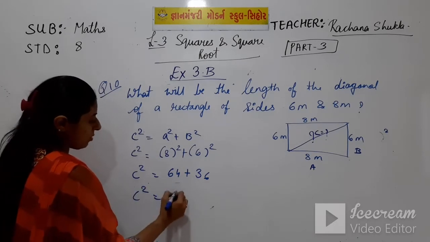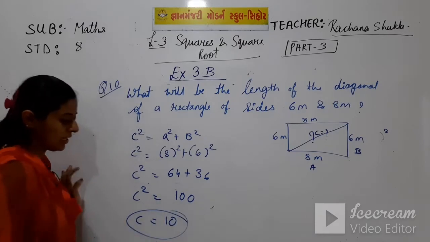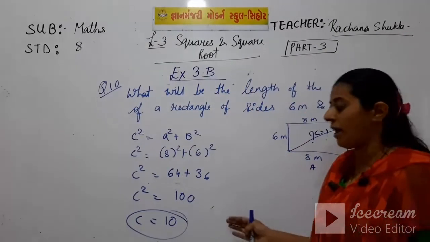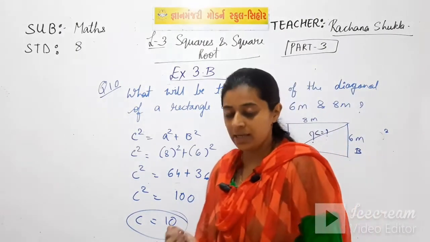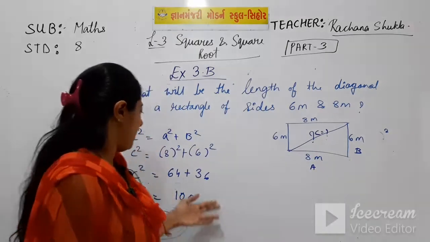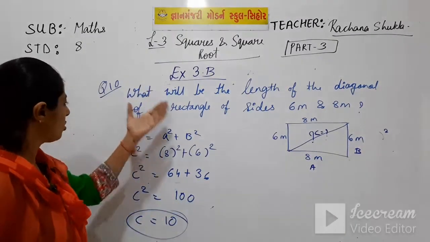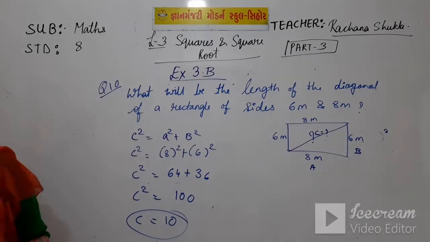C square is equal to 100 and C is 10. The root of 100 is 10. With this we have found the diagonal of the rectangle by squaring the sides, adding the squares of the sides and finding the square root. So this was your question 10. Now question 11.